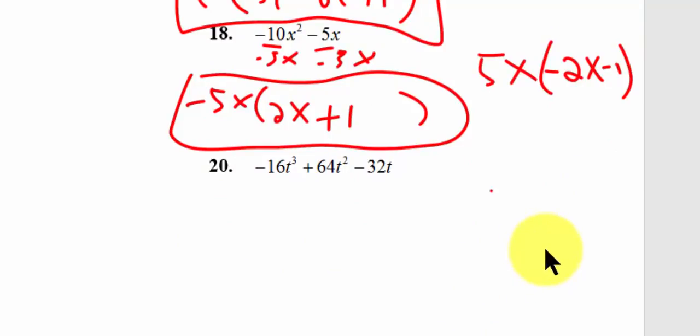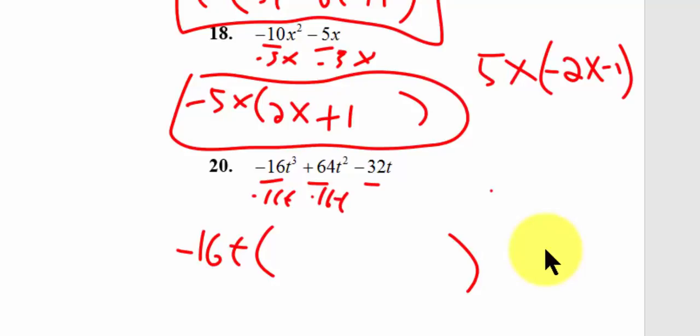I'm going to factor out a negative 16t. So divide each term by negative 16t. What are you left with? This would give me t squared minus 4t plus 2.